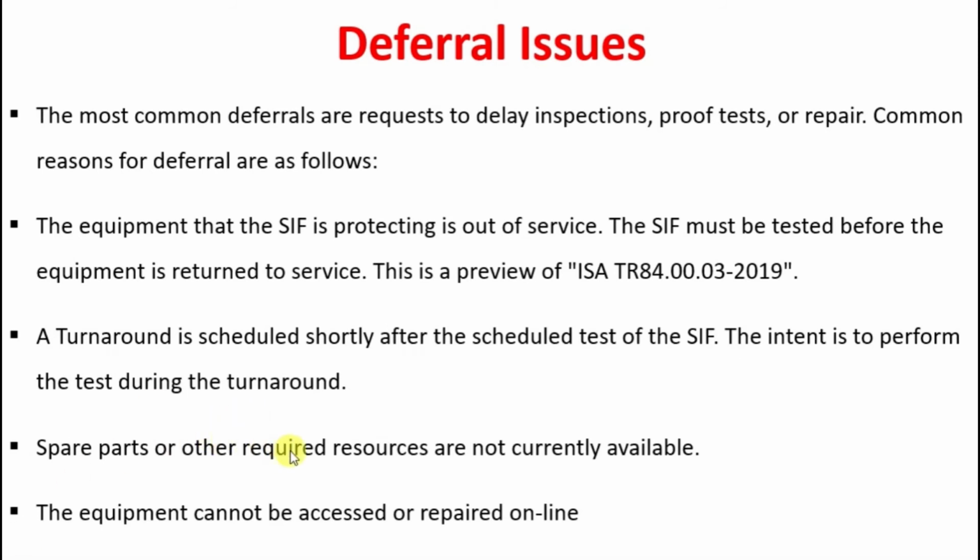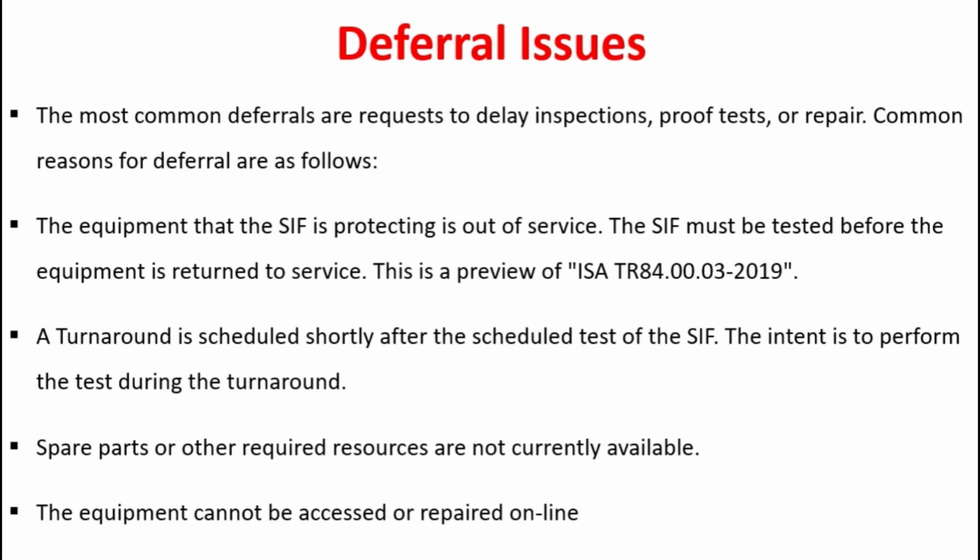Spare parts or other required resources are not currently available. This is also one of the reasons. Sometimes the proof testing is not done at the appropriate time and goes for deferral. So the maintenance team has to identify the required spares and procure them in time before the scheduled proof testing activity.